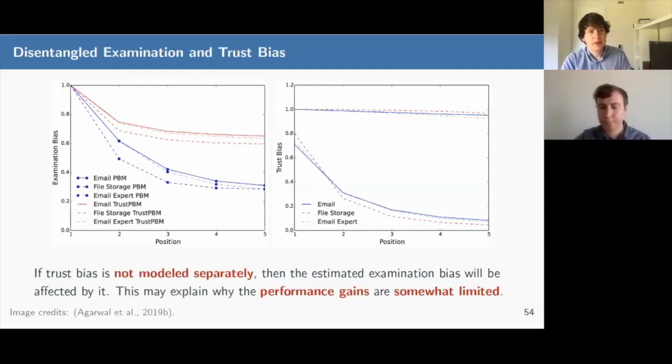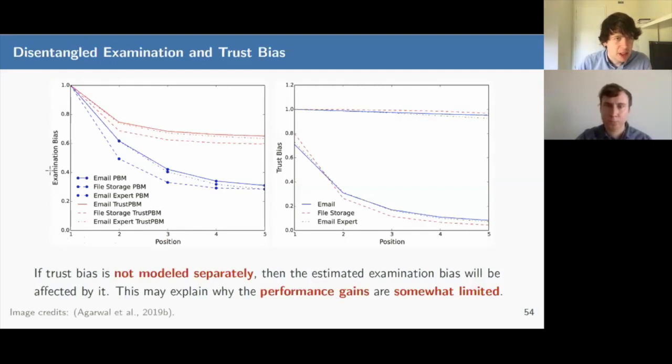And the trust bias they found is what we see here in these two graphs, through EM optimization. These results are actually quite interesting because they also tell us something about how IPS works without this correction for trust bias. So here we have the position. We have 5 documents being displayed.